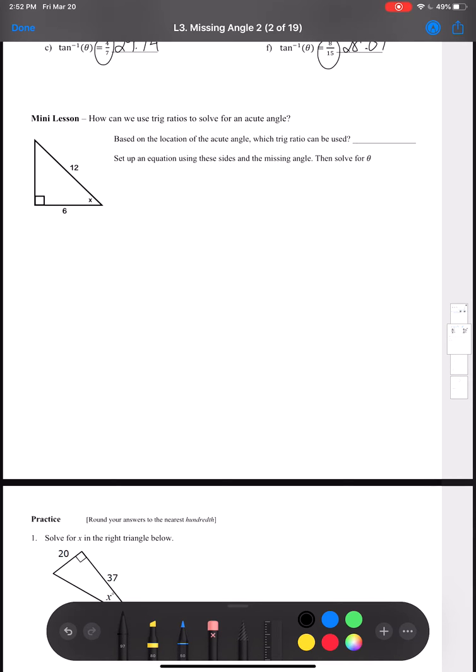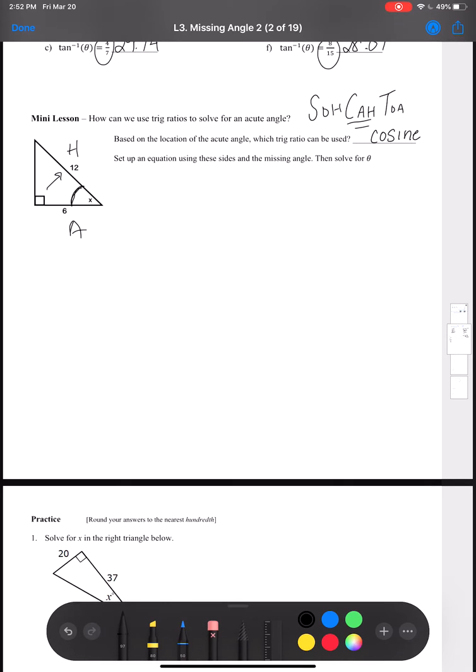So you can see that we're going to be solving for this angle here. So our point of view is based on this angle. In this triangle, we have the hypotenuse and we have the adjacent side. Therefore, based on SOHCAHTOA, let me write that again, SOHCAHTOA, we have A and H, so we're going to use cosine.